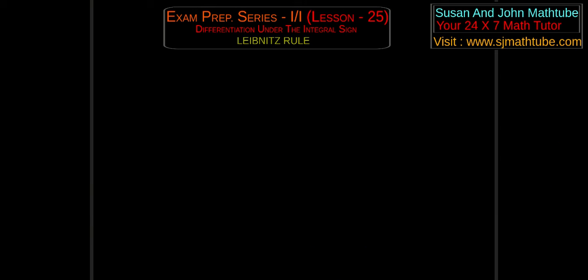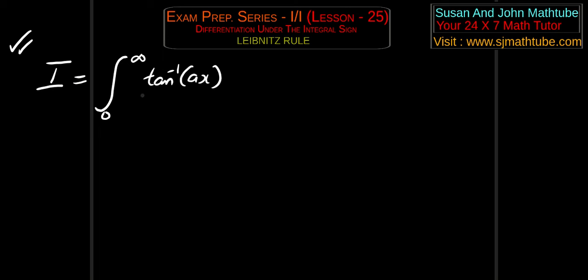Okay, so let's start with the question. So please write, please mark it important. Evaluate the integral 0 to infinity tan inverse ax the whole divided by x times 1 plus x square dx.